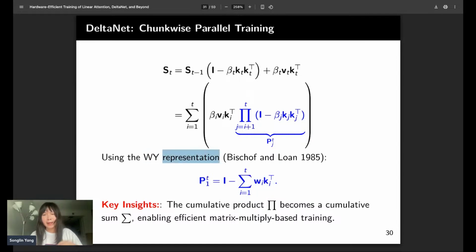This makes the optimization much easier because this cumulative sum of outer products can be written very easily as matrix multiplication. This is very similar to the linear attention state update rule from before, and we will show that this cumulative sum of outer products can be written as matrix multiplication.